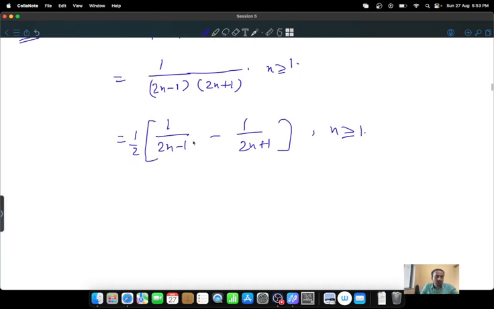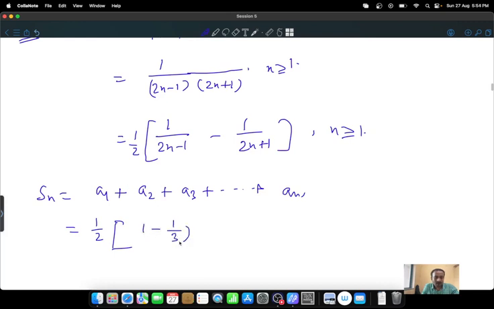Now look at the partial sum sequence. What is the partial sum sequence? a_1 plus a_2 plus dot dot a_n. Let me take half as common. If you put n equals 1, that will be 1 minus 1 by 3. Then a_2 will be 1 by 3 minus 1 by 5, and so on.